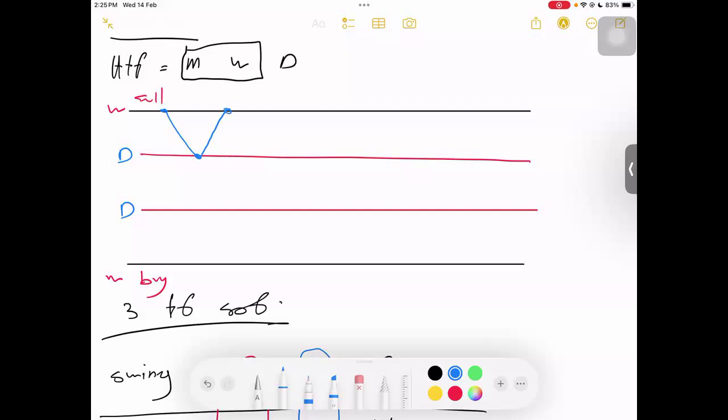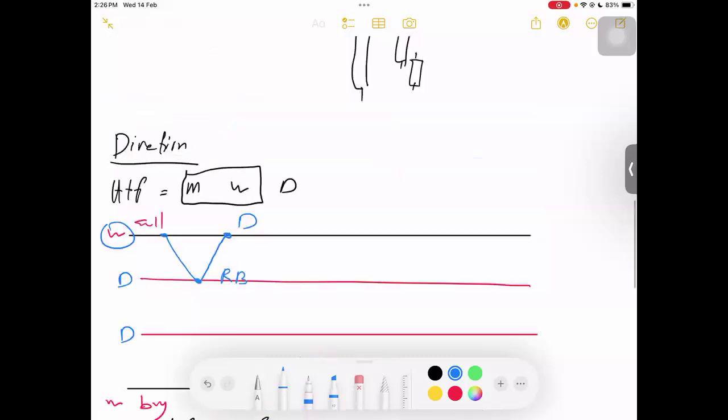Why does it return to weekly? Because inside weekly we have daily zones. I call this the storyline, direction and storyline.